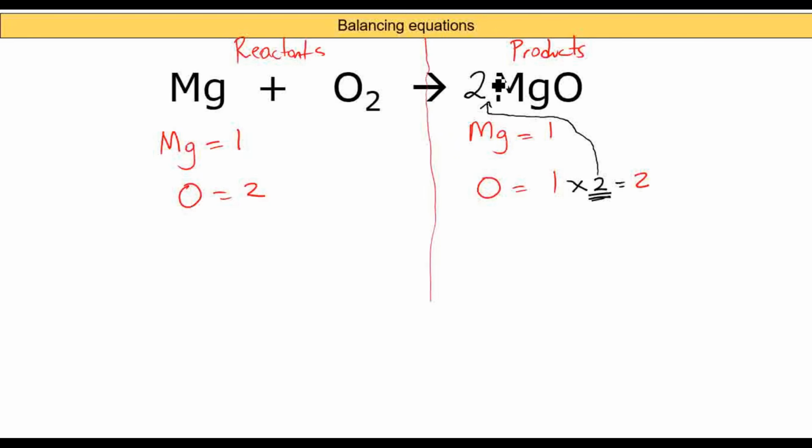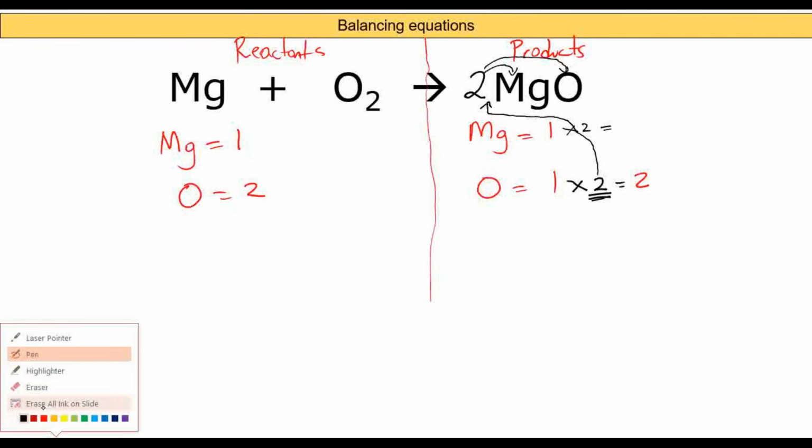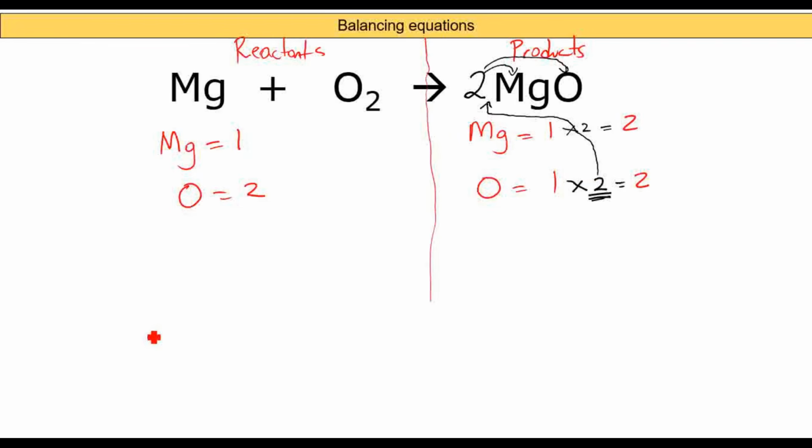Now that 2 not only affects your oxygen, that 2 also affects your magnesium. So now you have 2 magnesium. Now we have to go to the next side and figure out how we can get 2 magnesium on that side. You can do that by timesing it by 2, which will give you an answer of 2.